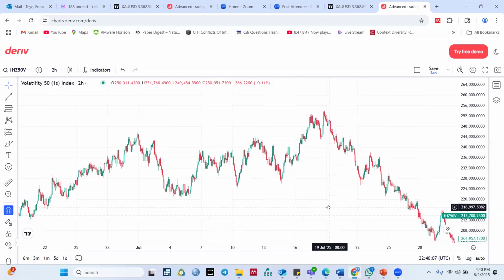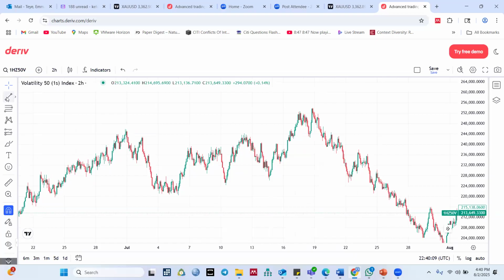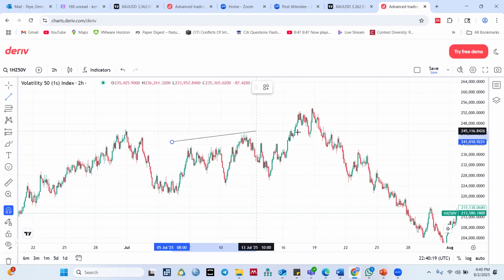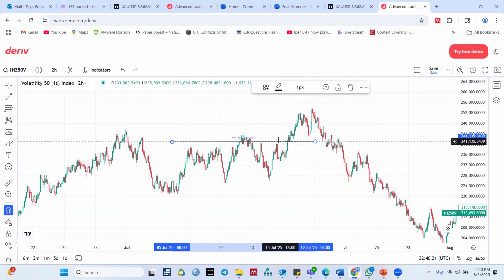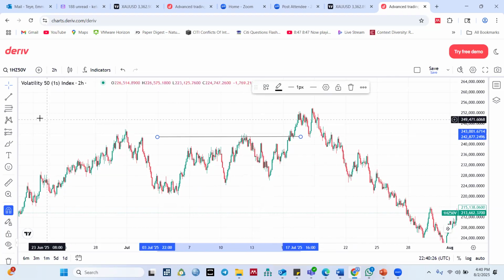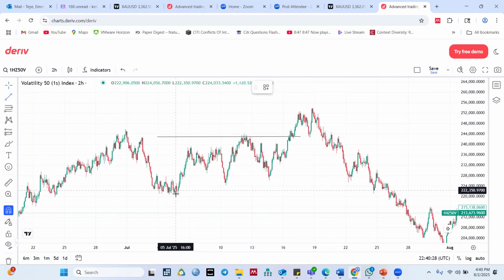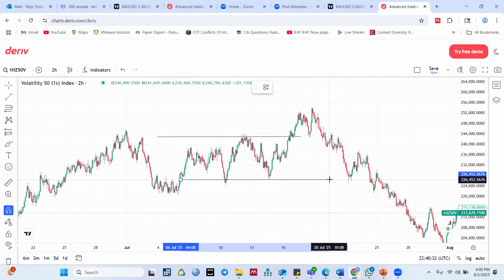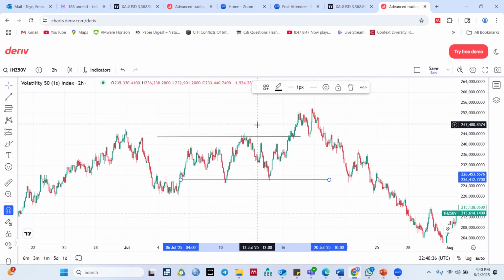Okay, good. So let's see just a small example. There was a range. Let's take this area as a range here and then here. You see price move up, down, up, down.